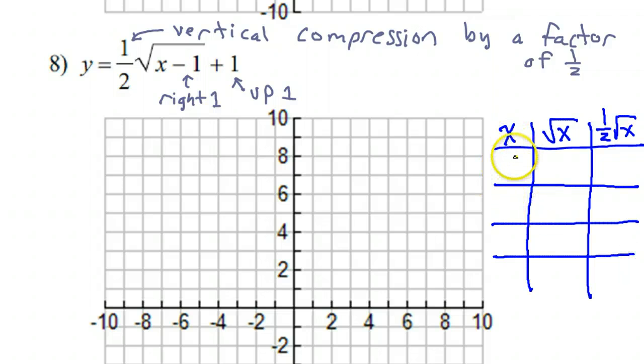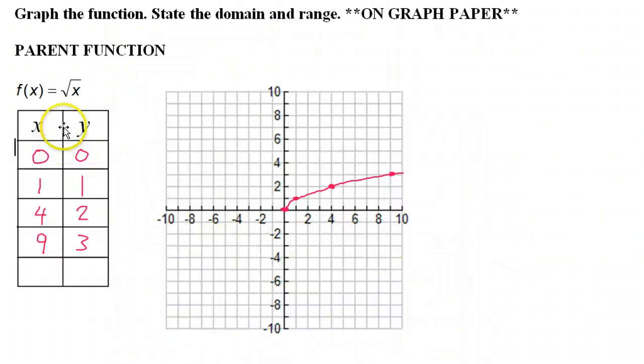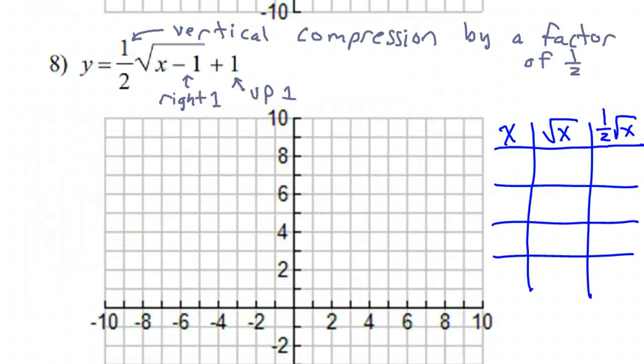Using our normal numbers from when we graphed our very first parent function, 0, 1, 4, 9, because they make nice square roots, the square roots would be 0, 1, 2, and 3. But now we're going to take half of those.